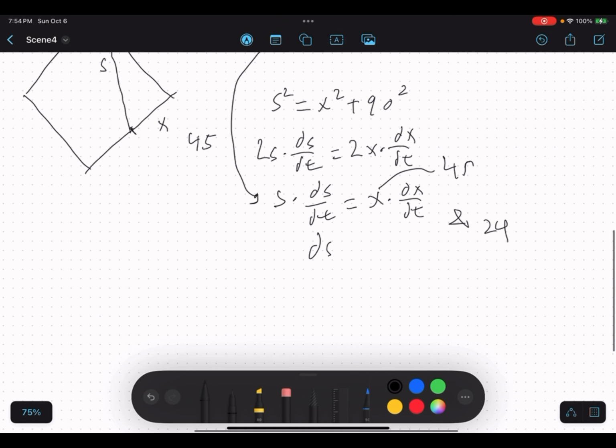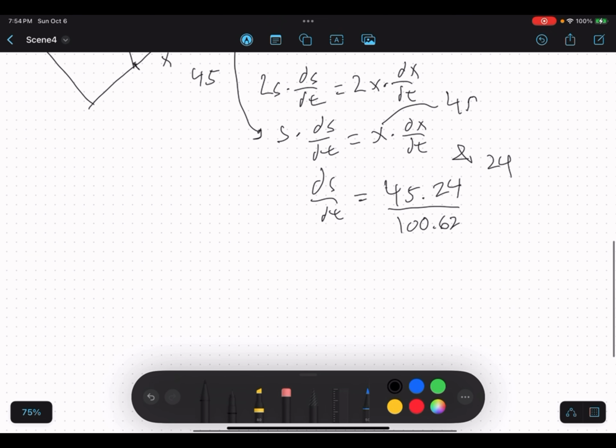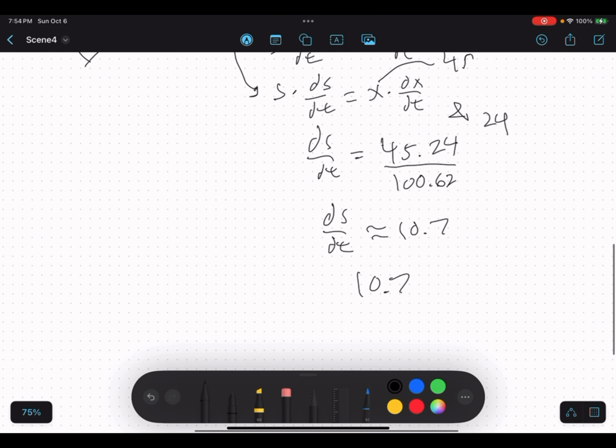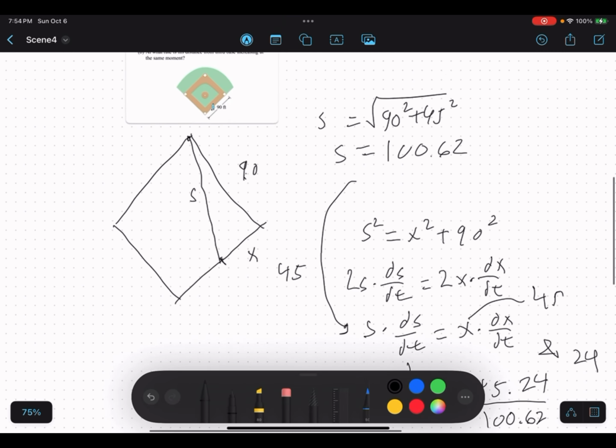So, it's 10.7 feet per second decreasing. And that's our solution to part A.